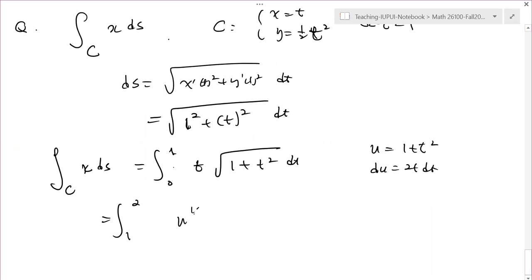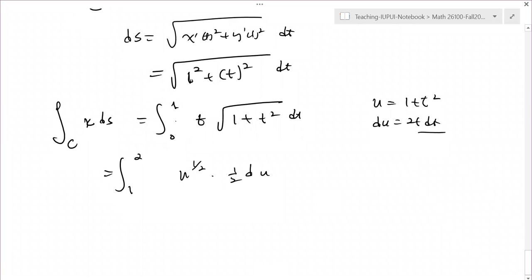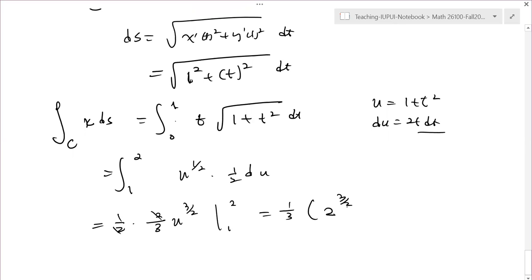And this is u to the 1/2. t times dt is half of du. Then you find the antiderivative of this function, which is 2 over 3 u to the 3 over 2. Evaluate at the 2 endpoints, and you get 1/3 times 2 to the 3 over 2 minus 1 to the 3 over 2. So that's it. You have to use substitution to evaluate. This is not a complicated problem.